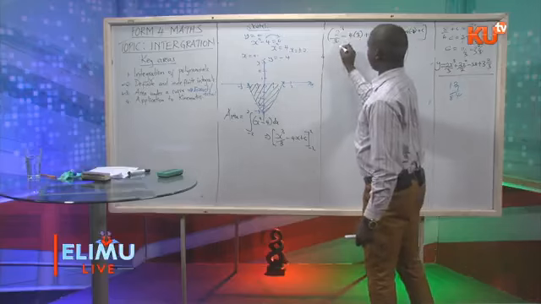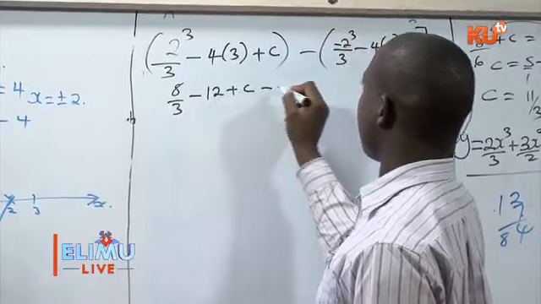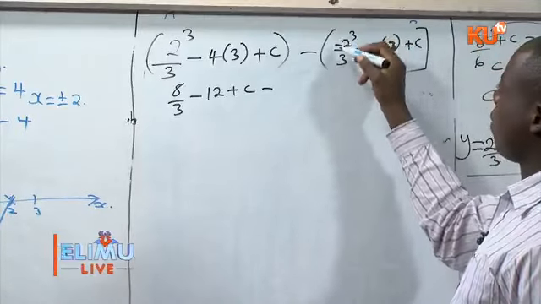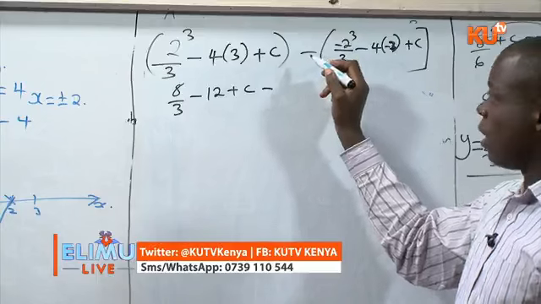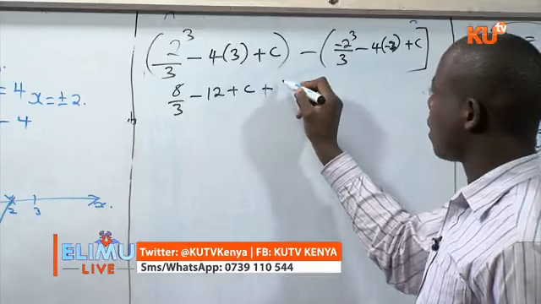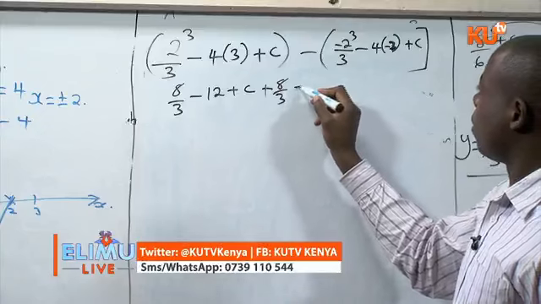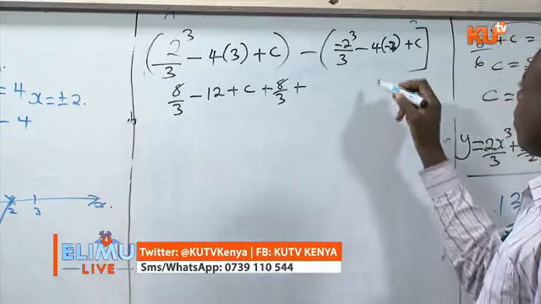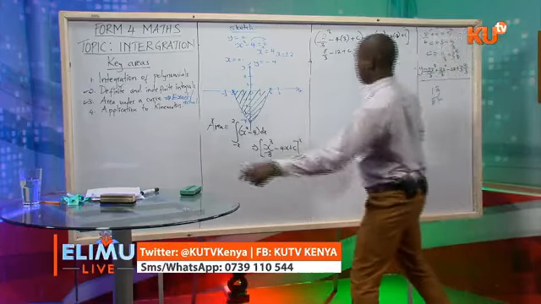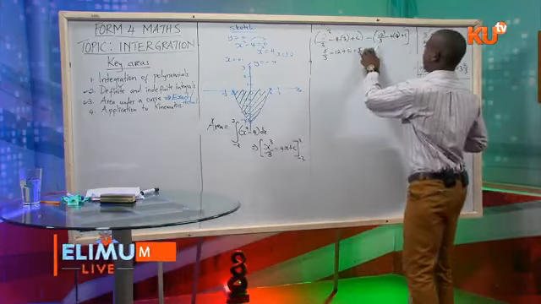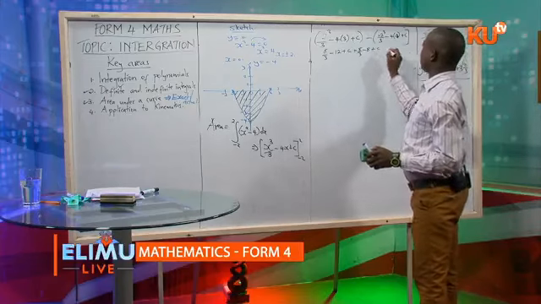So this will give us 8 over 3 minus 8 plus c minus, at this point we shall have negative 8 over 3. Now when we substitute in the negative, negative, now we obtain plus 8 over 3. Then plus, at this point we have 4 times negative 2, so we shall have negative 8, negative 8 plus c.